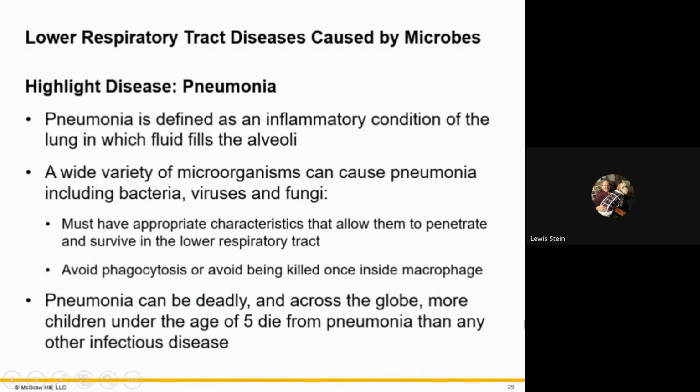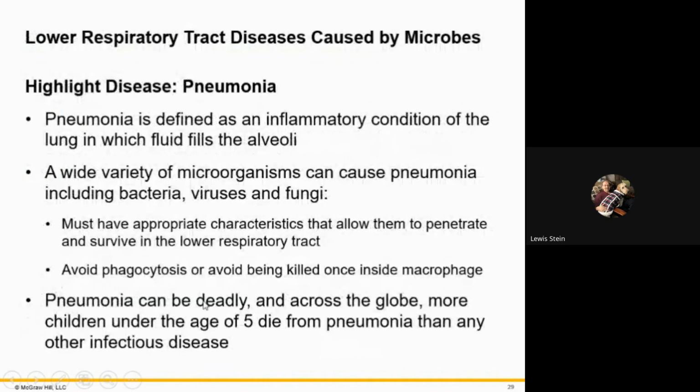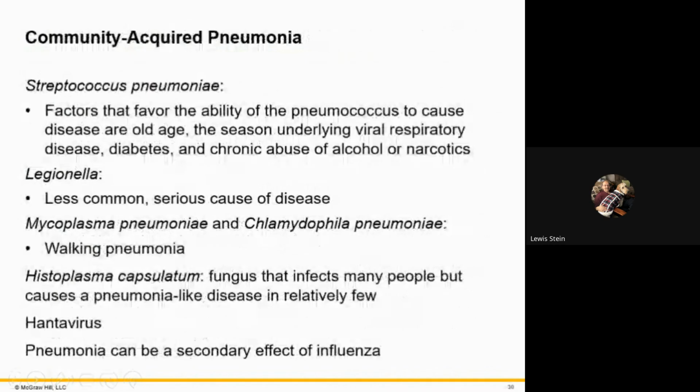So they avoid phagocytosis or avoid being killed. Deadly across the globe. More children under the age of 5 die of pneumonia than any other infectious disease worldwide. Again, in our country, the leading infectious disease that kills is still pneumonia.